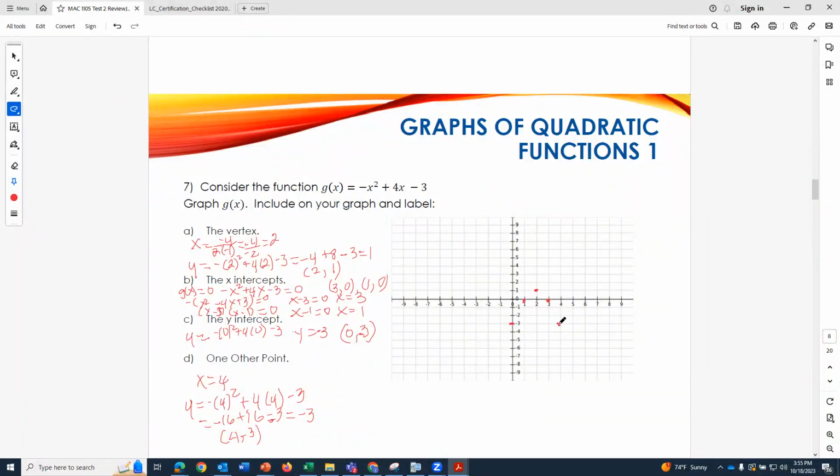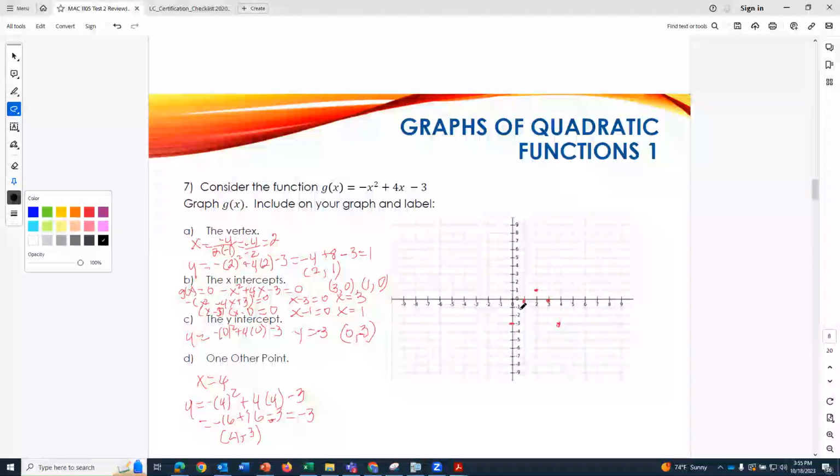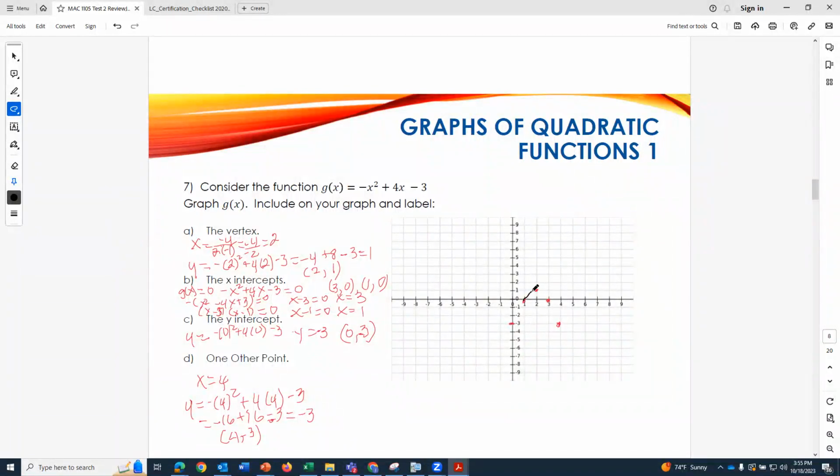And here is the cut. All right. And this is the graph using the 5 points.